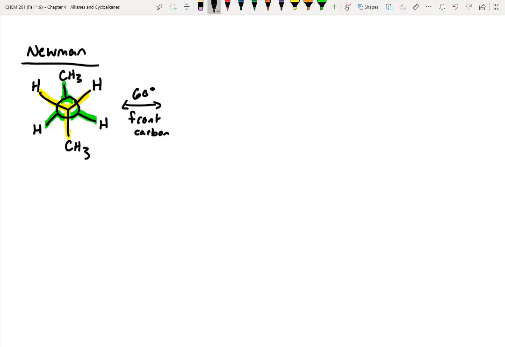That means our back carbon, you can keep it color-coded if you want, is going to be stationary, which means that CH3 off that back carbon is still sticking up. Our hydrogen is going to be down. And up here, if we're doing a 60-degree twist, let's go clockwise for fun. We're going to do a twist like that.